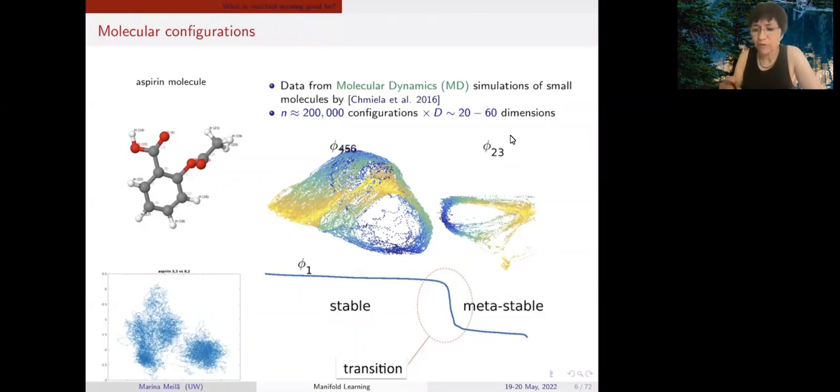So I'm going to give you a lot of bad news and a lot of warnings near the end of the talk about what you should be worried about when you run a manifold learning algorithm. But there is also good news that these manifold algorithms work and they do denoise the data. And so they do work in the data, whether we have proof of that or not.